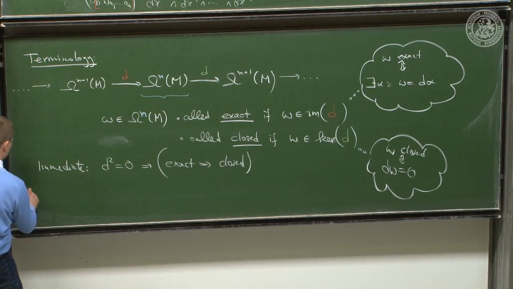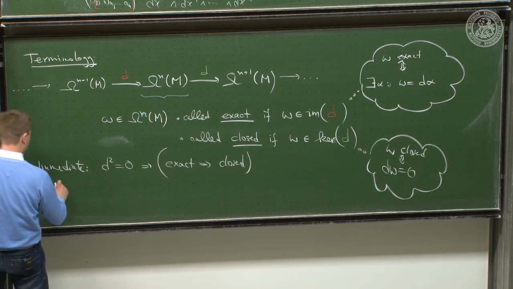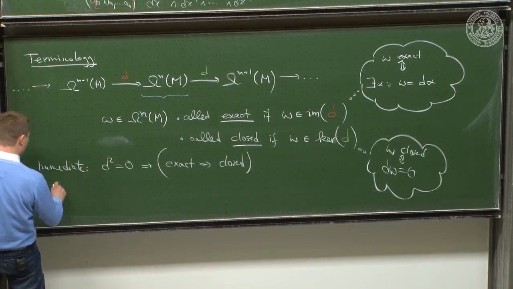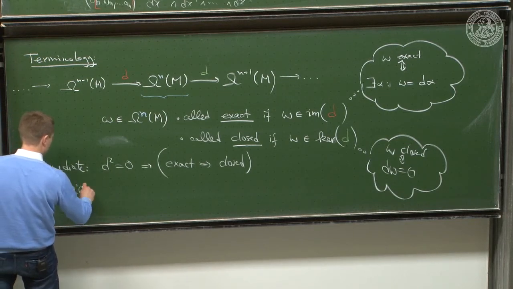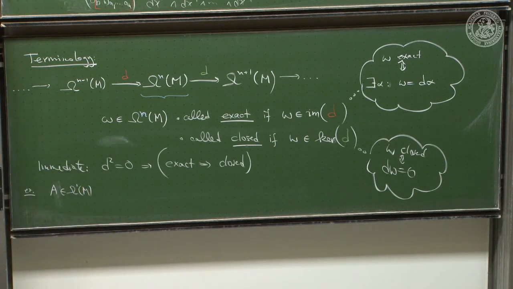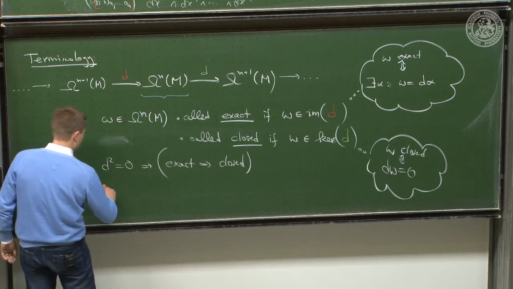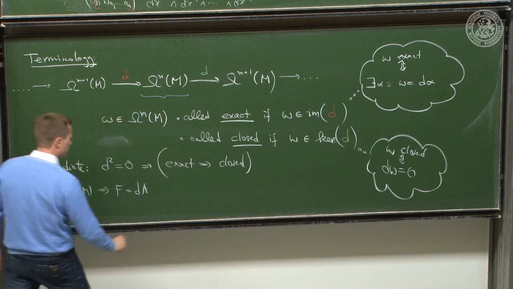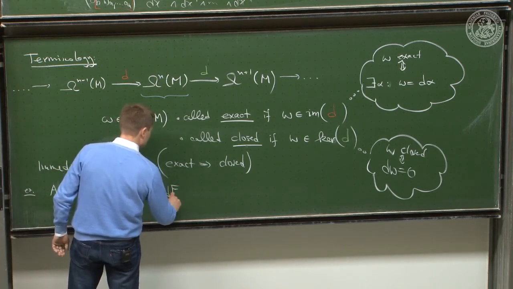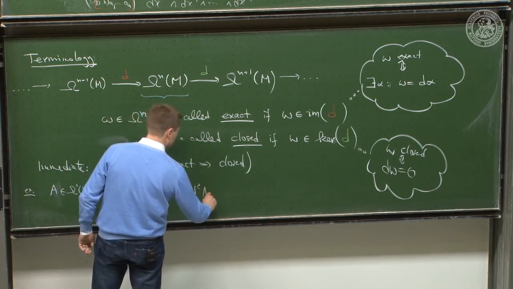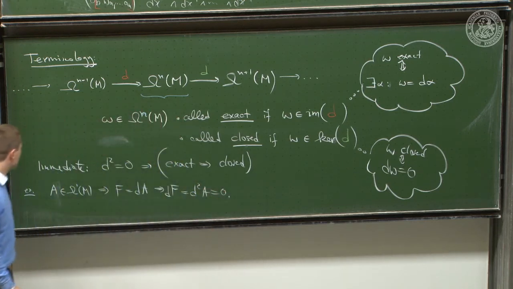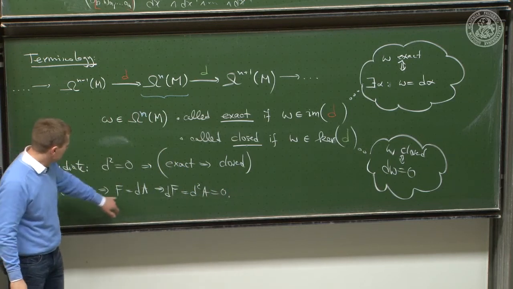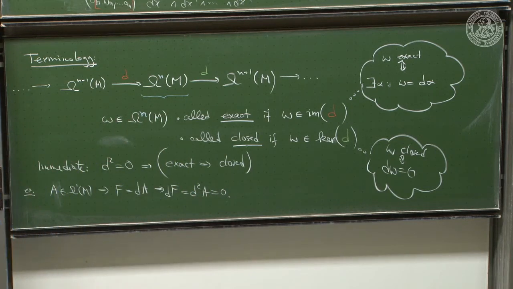So, example: if you have a one form A, an electromagnetic potential, and from it you define the field strength as its exterior derivative, then of course it follows that the d of the field strength, being the d squared of the A, is 0. So if you have such a gauge potential, you satisfy the homogeneous Maxwell equations, and that's of course the reason why we choose that in electrodynamics, if we can.